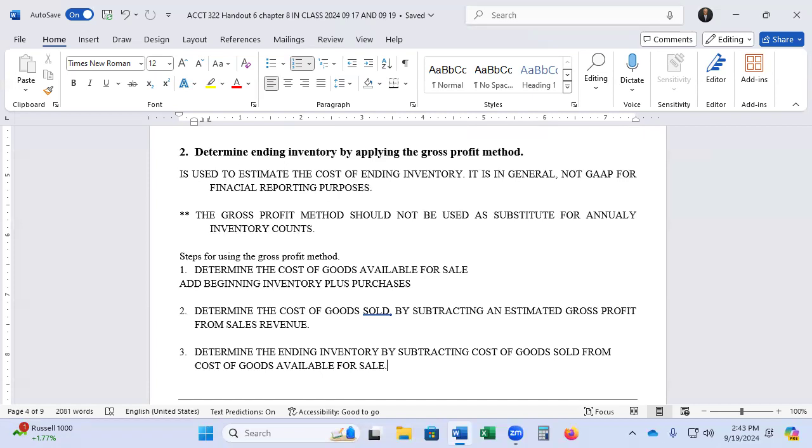And you're just estimating it based on your sales less your cost of goods sold, and that equals your gross profit.